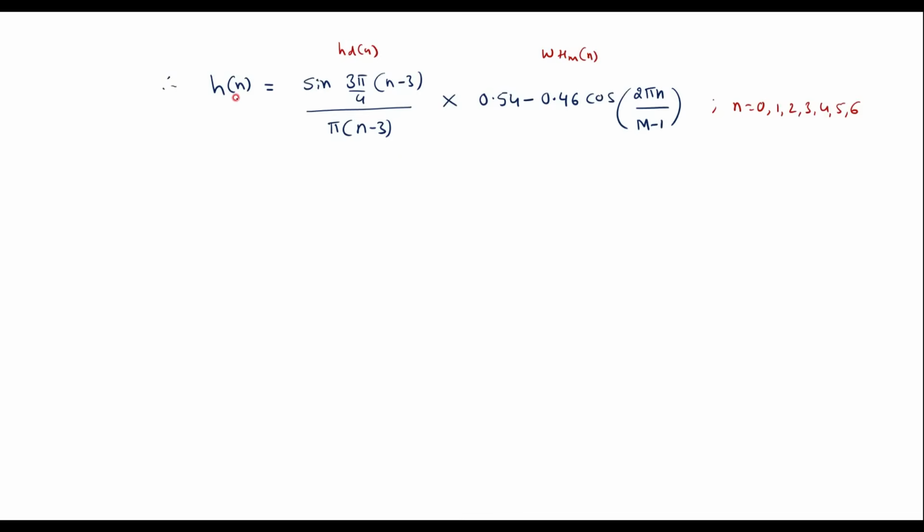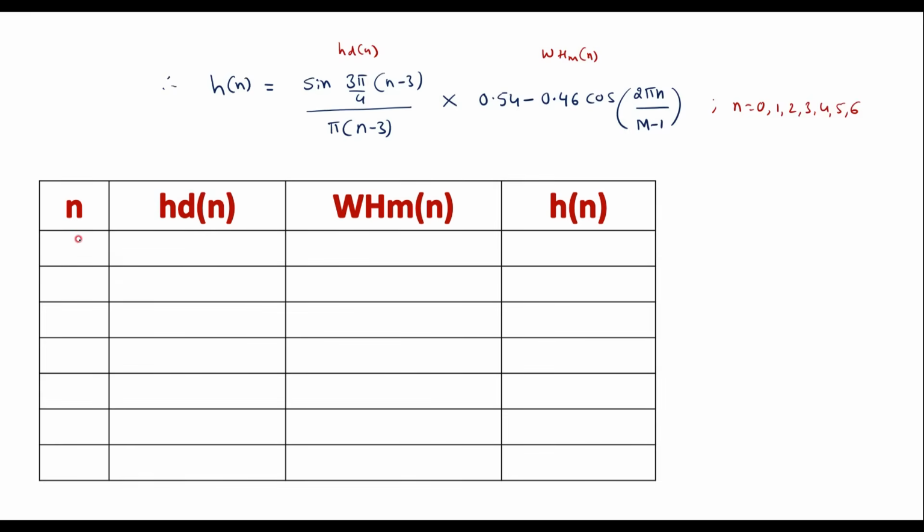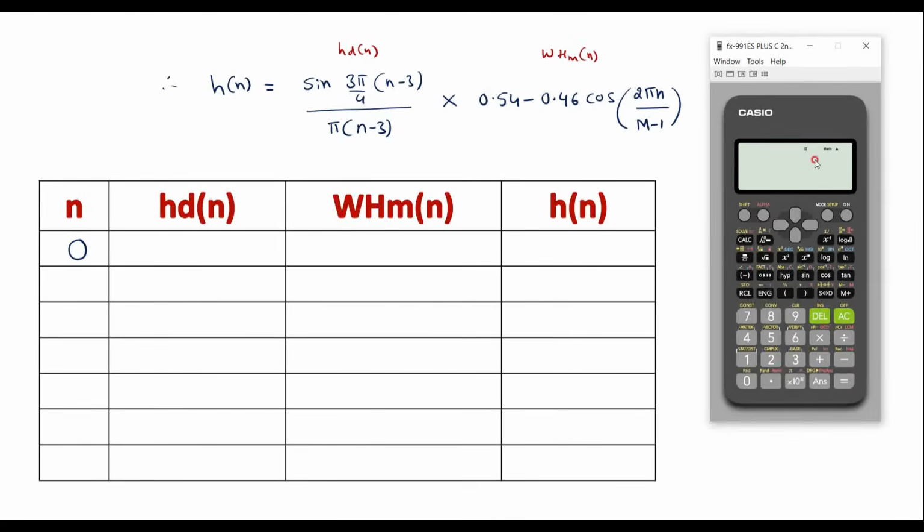Now let's calculate h of n for different values of n. Let me consider n is equal to 0 first. Now I will find hd of n for n equal to 0. It will be sine minus 9 pi by 4 divided by minus 3 pi. Keep the calculator in radian mode.